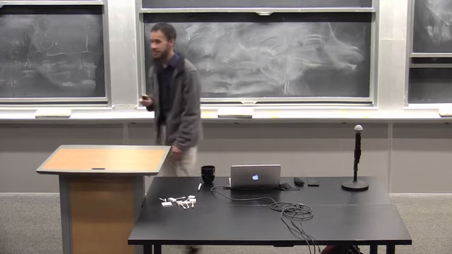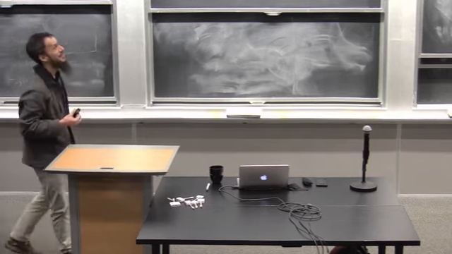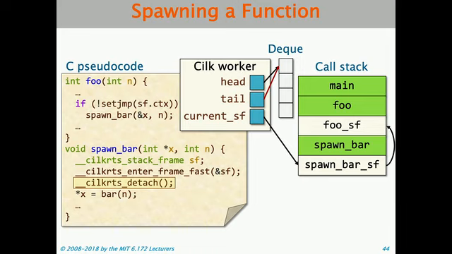All right, now we encounter this thing, Cilk RTS detach. This one's kind of exciting. Finally, we get to do something to the deck. Any guesses what we do? How do we update the deck? Here's the hint. Cilk RTS detach is the function that allows some computation to be stolen.